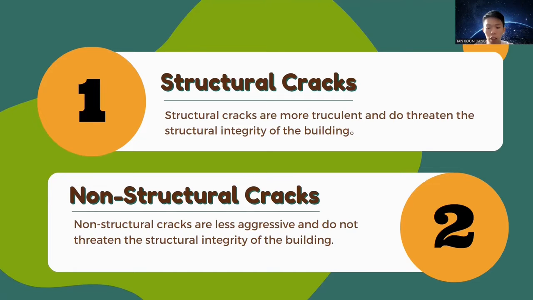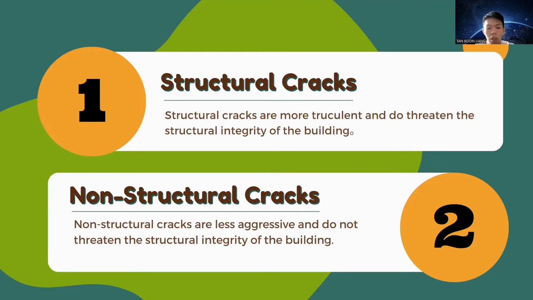Generally, structural cracks are wider than 3 millimeters. There can be continuous horizontal cracks along the wall, vertical cracks, and also diagonal cracks.